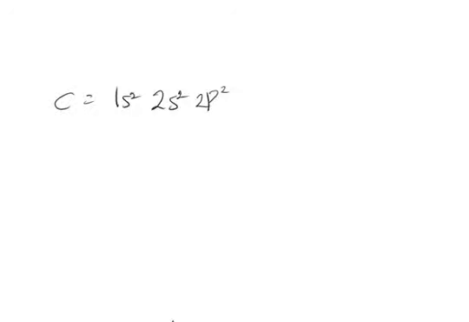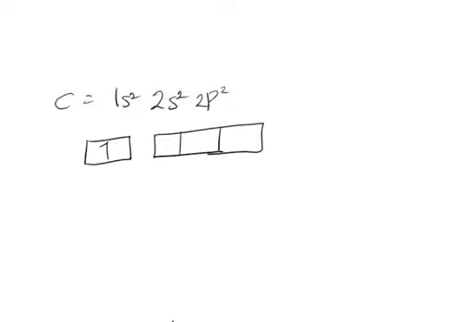So with this, if I take the 2s orbital this way and the 2p orbital this way, I'll notice that I have just two unpaired electrons.